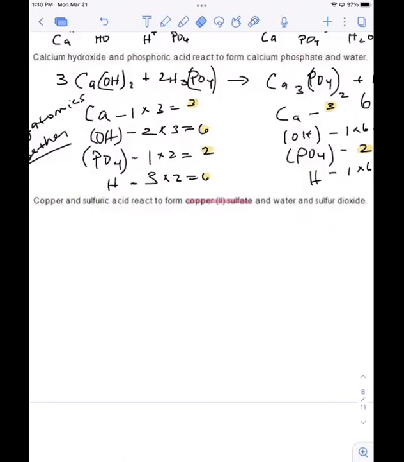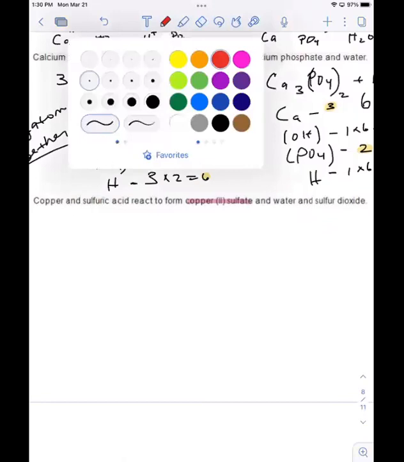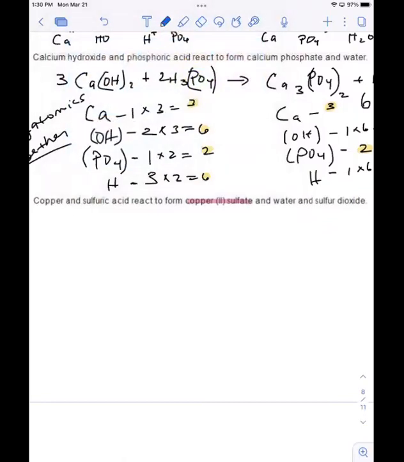So let's take it. Copper is telling me that I'm using copper, which in this case, unless it tells me that it's a copper anion or a copper ion, is elemental copper. All right, so I'm just going to use that. That's just going to be Cu, plus sulfuric acid, which is H2SO4.